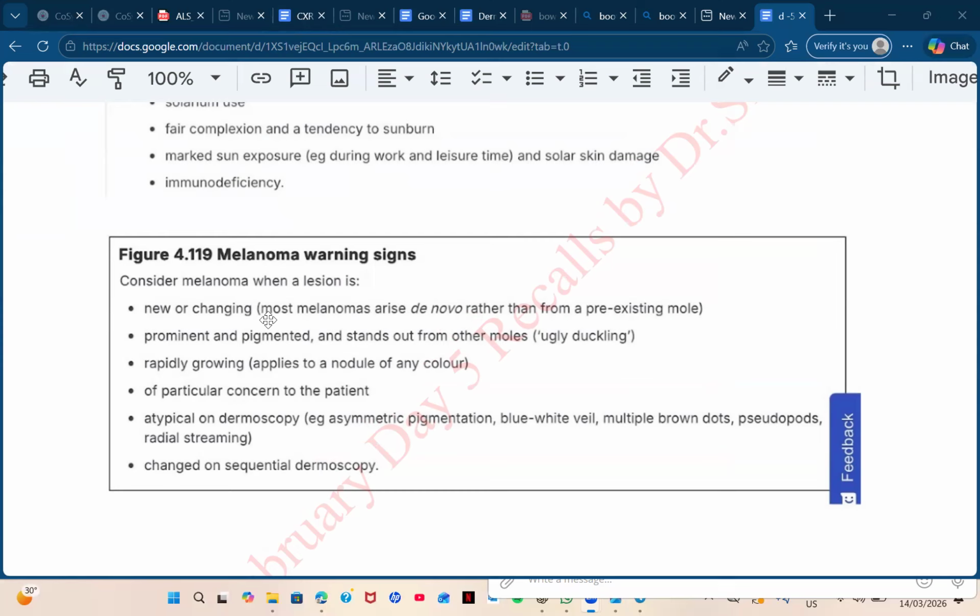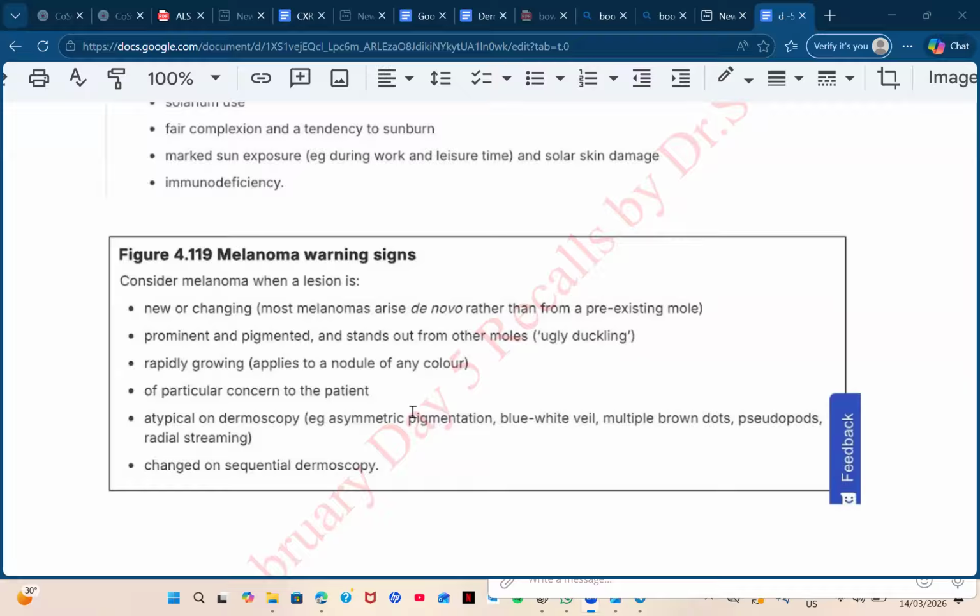It is a benign case, and if this benign case has new or change, most melanoma arise de novo rather than from a pre-existing mole. If this lesion is new or changing, or is prominent and pigmented and stands out from other moles like an ugly duckling, or is rapidly growing, or is of particular concern to the patient.